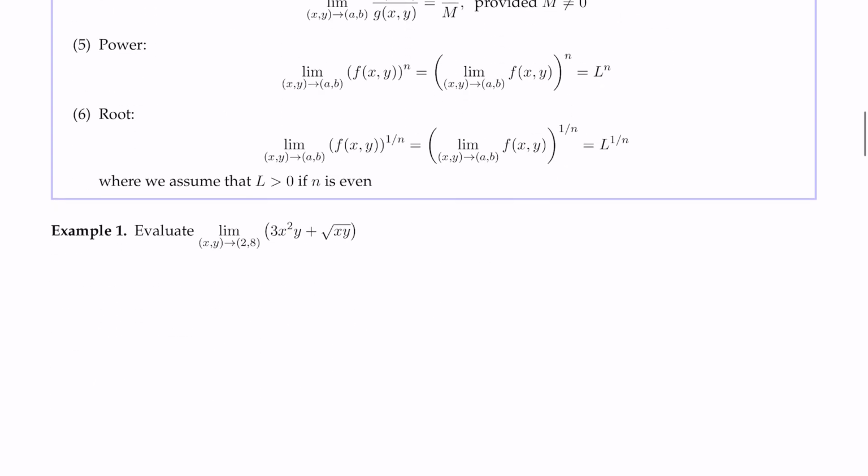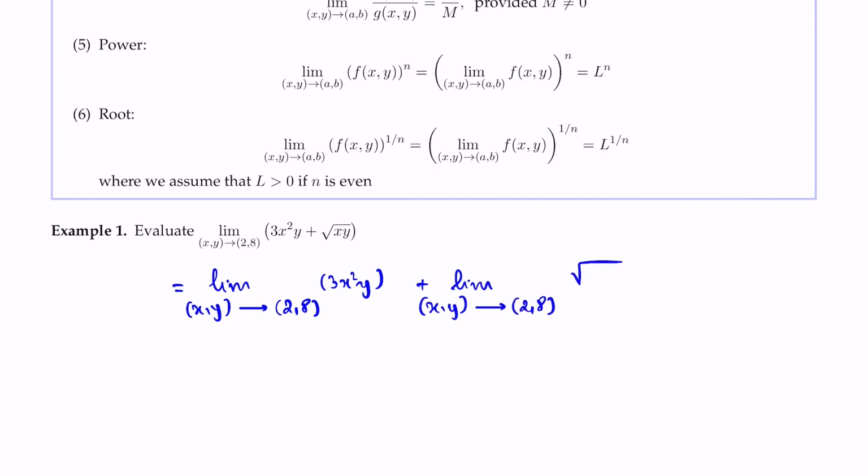In the first example, I want to evaluate the limit of the function 3x squared y plus the square root of xy as (x, y) approaches (2, 8). For this first example, I'm going to work a little bit slowly and provide the laws that I use for each step of the calculation. So the limit is going to be equal to the limit of 3x squared y as (x, y) approaches (2, 8), plus the limit as (x, y) approaches (2, 8) of the square root of xy.